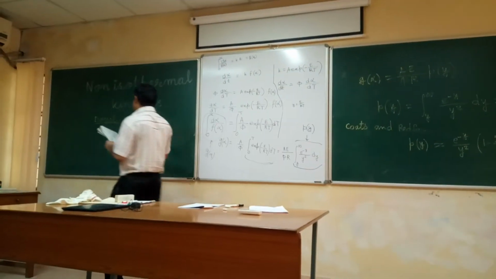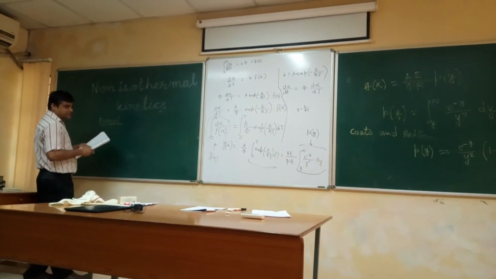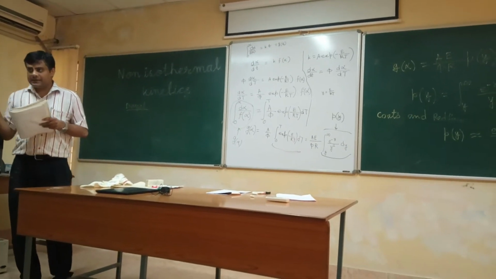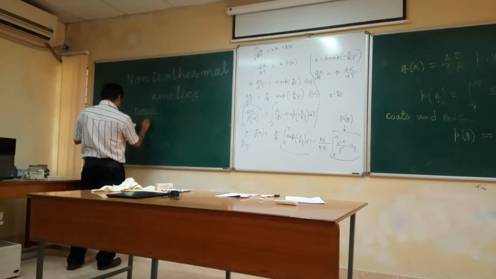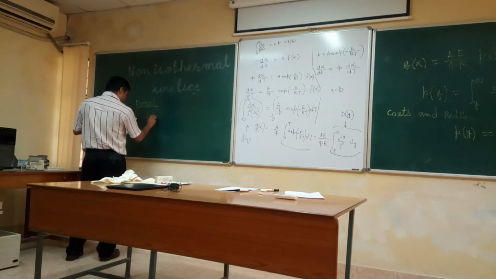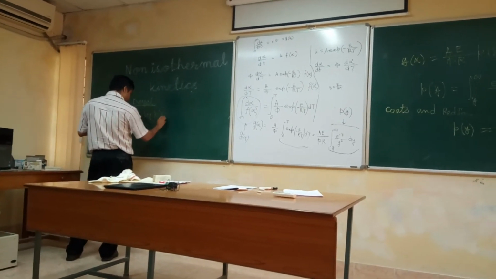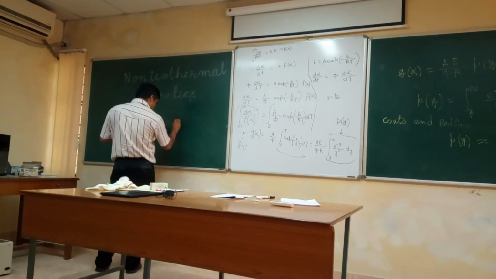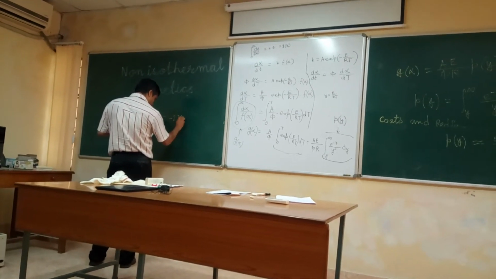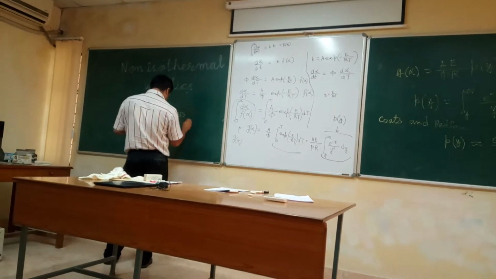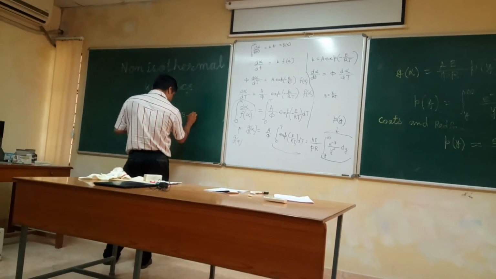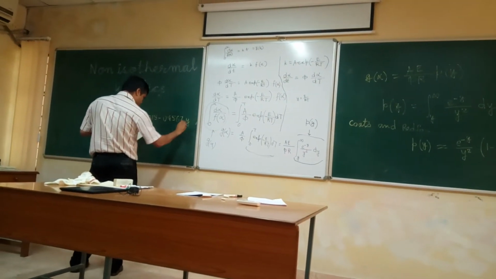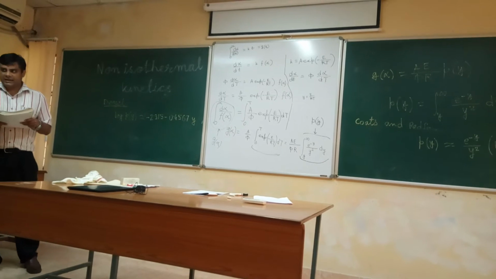Another approximation was given by Doyle. They noticed that if log py is plotted against y, log py varies linearly, and what they found out is that log of py is linear in y.